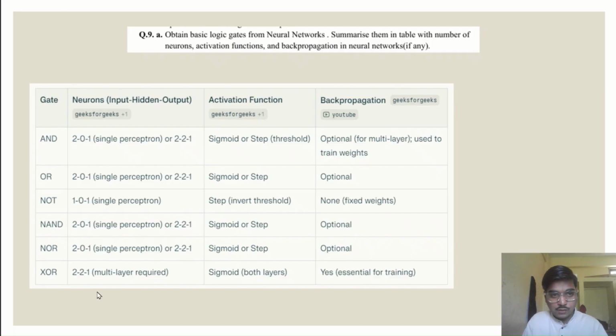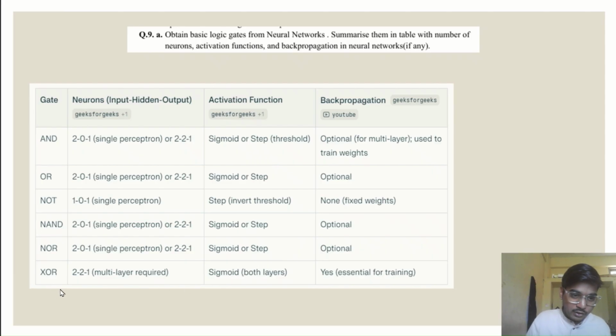For the NOR gate, the neuron contains two input and a single output layer, or two input, two hidden, and a single output layer. The activation function for the NOR gate is also sigmoid or step. Backpropagation for the NOR gate is also optional.